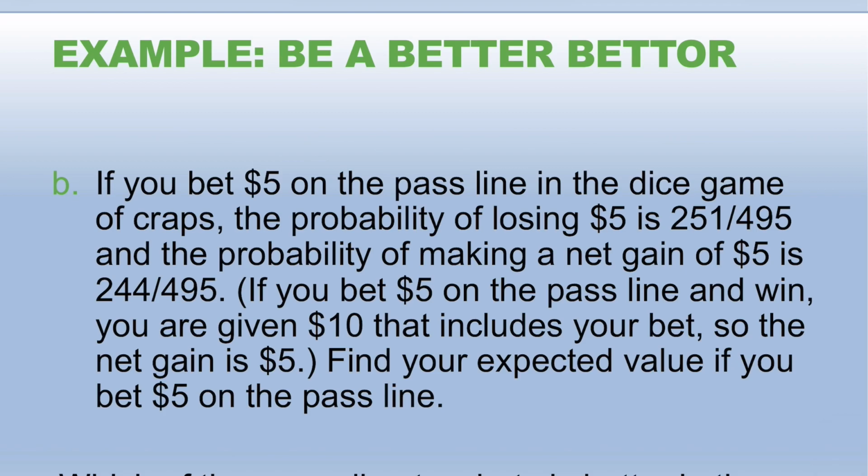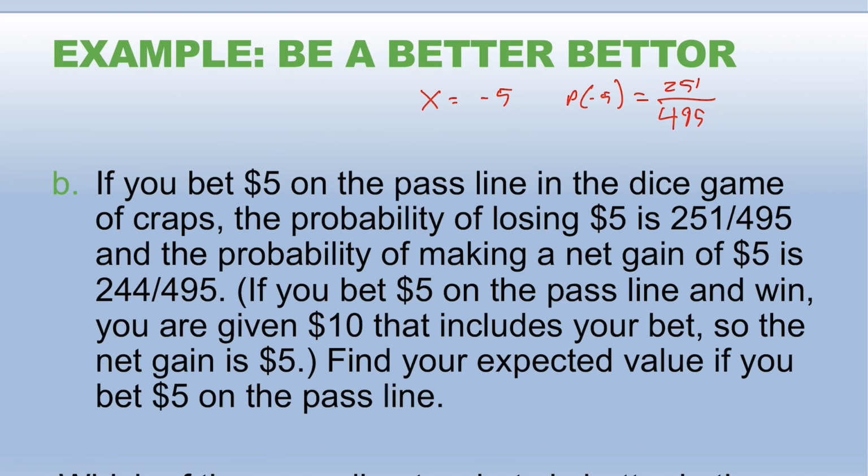All right, let's take a look at the pass line, the craps game. If you bet $5 on the pass line in the dice game of craps, the probability of losing $5. Okay, so here we go. So X, you have the chance of losing $5, and that probability of -5 is 251 over 495. All right. And the probability of making a net gain of $5 is the other one, 244 over 495.